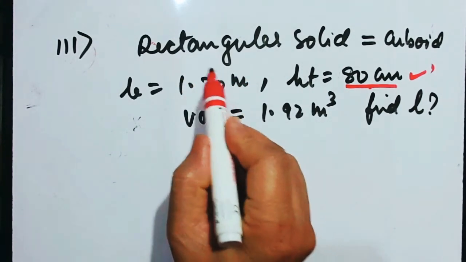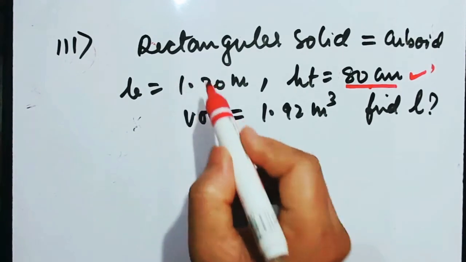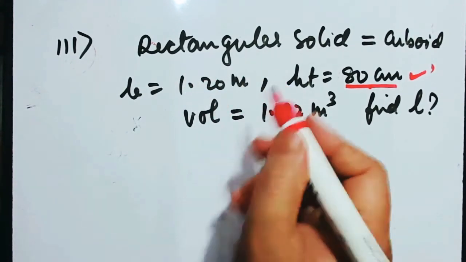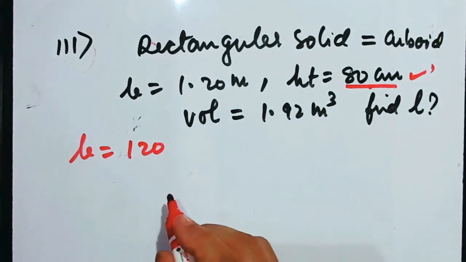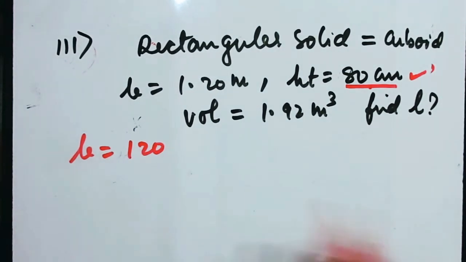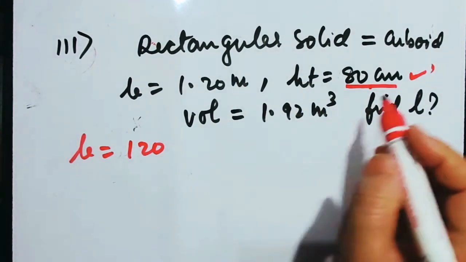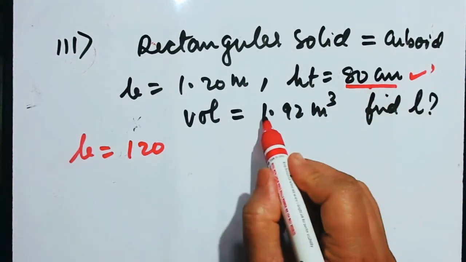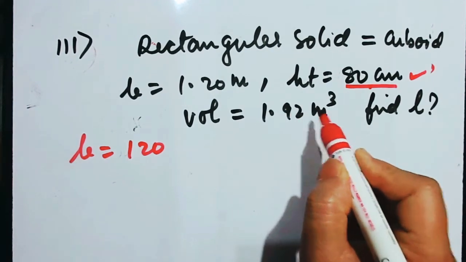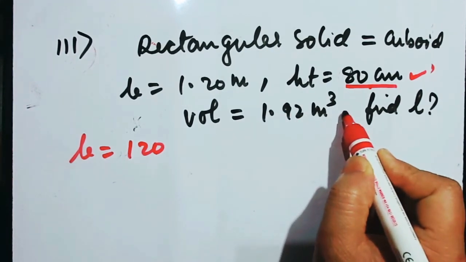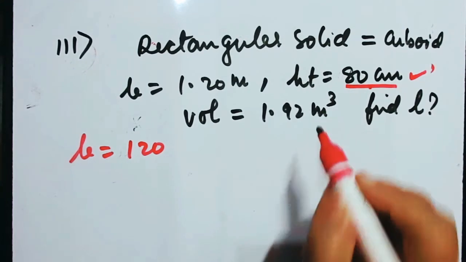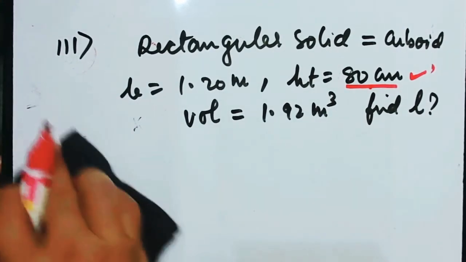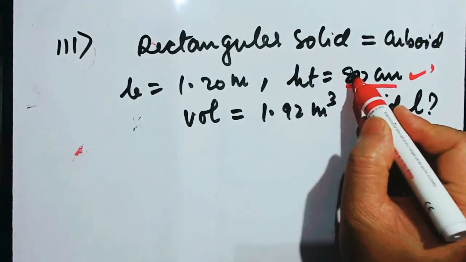Because if we change this into centimeter, the decimal part will move out. So now my B becomes 120 centimeter. This is 80 centimeter and volume will be 1.92 multiplied by how much? Multiplied by 10 lakh. Now I won't go in that way. It's better I would change it over here.